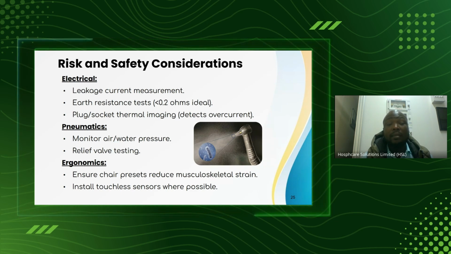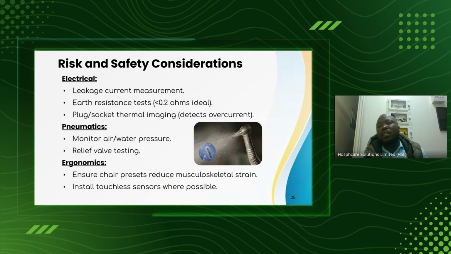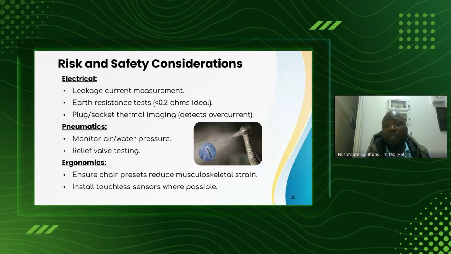If they are too high, they interfere with the durability or functionality of the turbines. Then relief valve testing. Ergonomics: ensure presets to reduce musculoskeletal strain. This ergonomics comes from the upholstery where the patient sits and where the doctor sits, the patient stool and the patient backrest, very important for the spine.